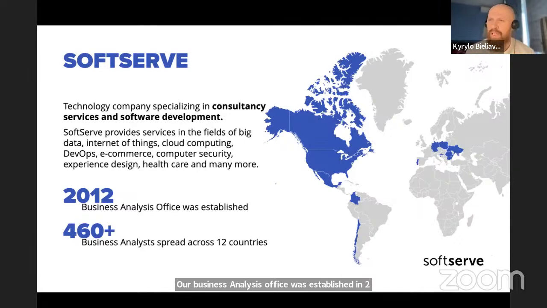So that means what, 11 years ago? Wow, time flies. And currently we have around 460 business analysts spread across 12 countries. Most of them are in Ukraine. We also have offices in Bulgaria, Poland, and Romania, and our BAs are also represented in the United States, Canada, Mexico, Colombia, Chile, and other countries almost all around the globe.